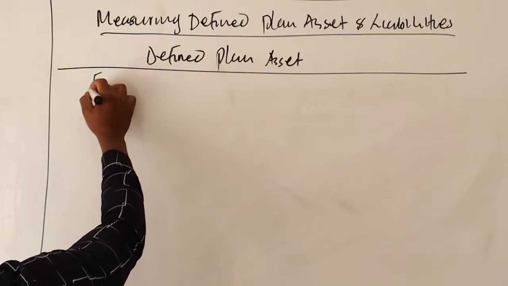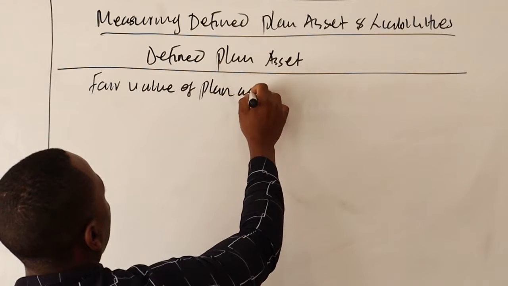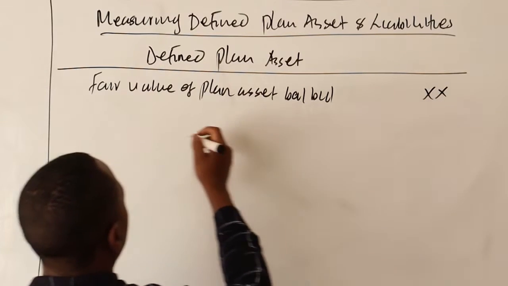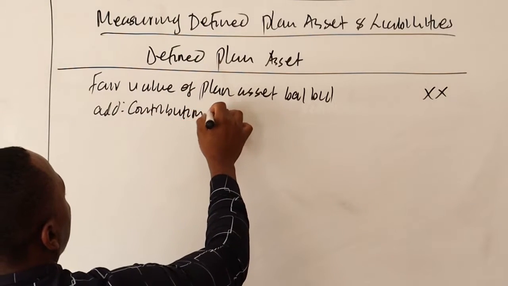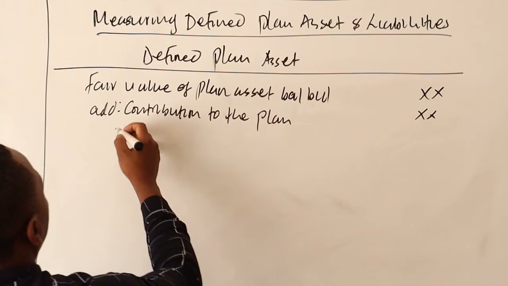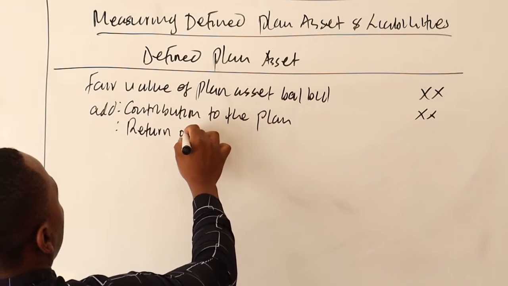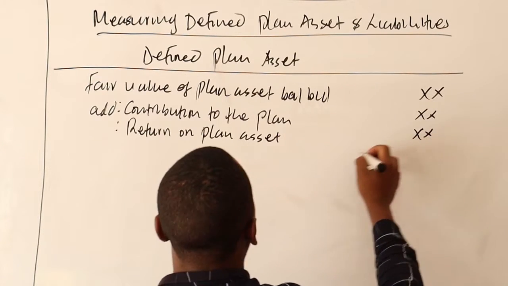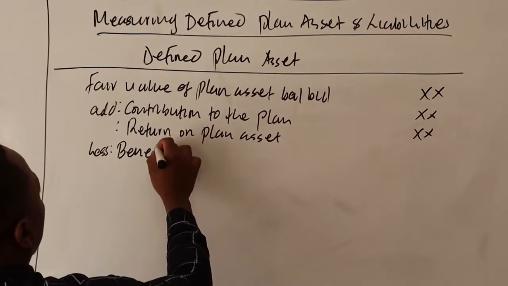You take the fair value of plan asset, balance brought down, then you add contribution to the plan, and then you also add return on plan asset, and then you deduct the amount of benefits paid.